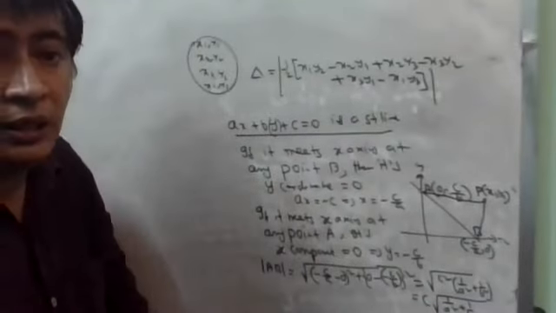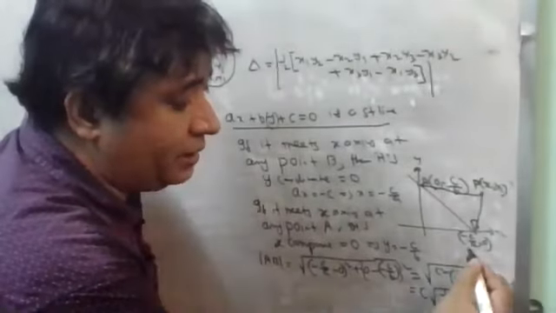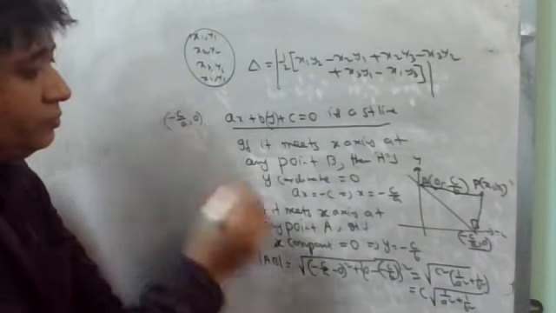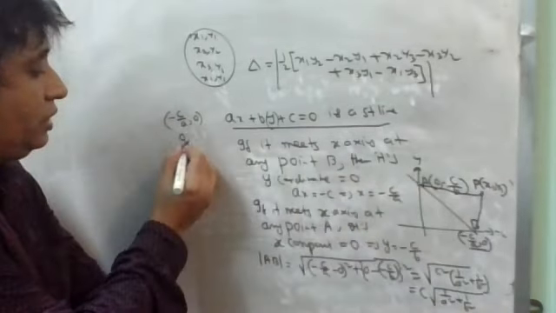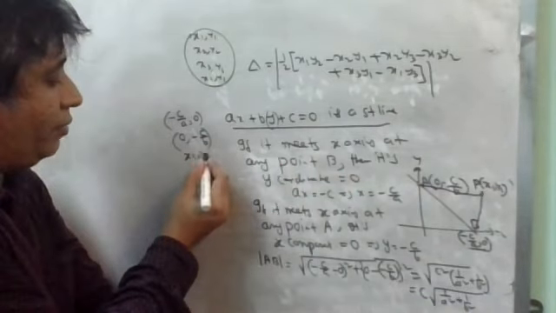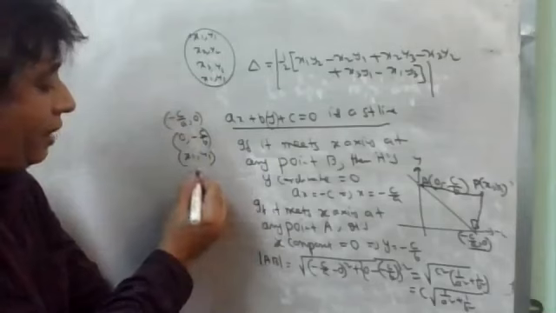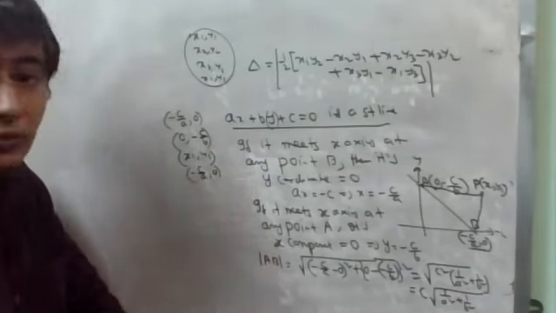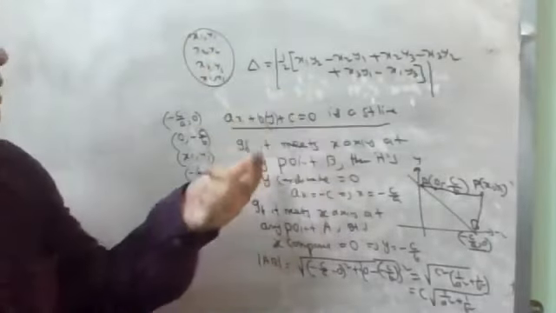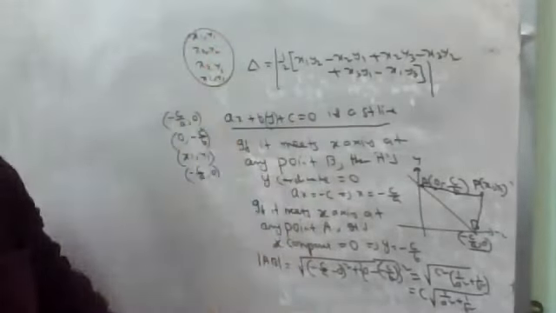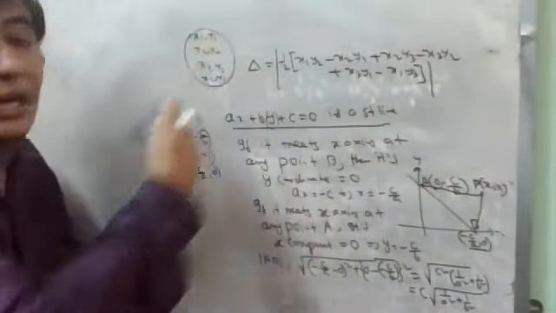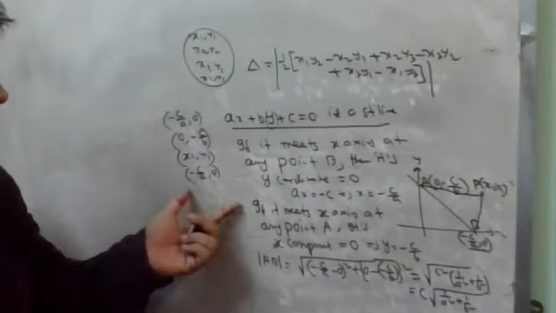Now here you can consider the points as x1, y1 equal to minus c by a comma 0, x2, y2 equal to 0 comma minus c by b, and x3, y3 the point P. This cross-multiplication shortcut method for the area of a triangle, where the three vertices are provided, we are applying here.